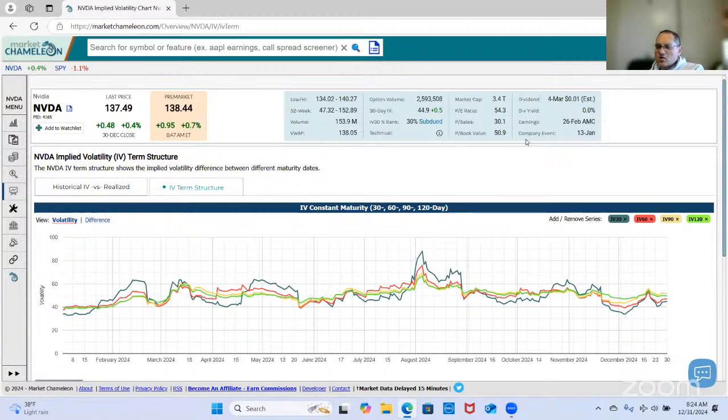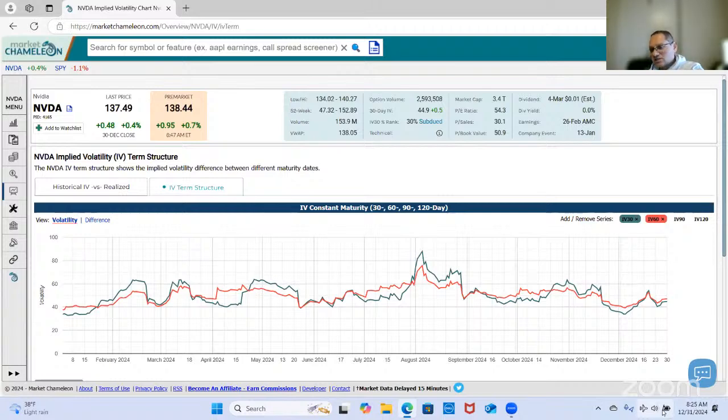And we could see how they're moving relative to each other, because the 30-day and 60-day don't have to be the same implied volatility. They could be different, and they could move apart as well. So let's just say we wanted to look at 30 versus 60, could uncheck the 90, could uncheck the 120. Now we have these two charts. The green one is the 30-day.